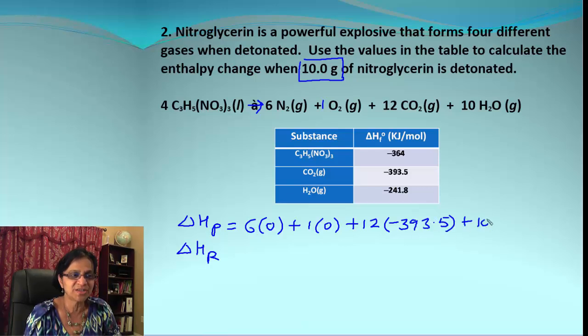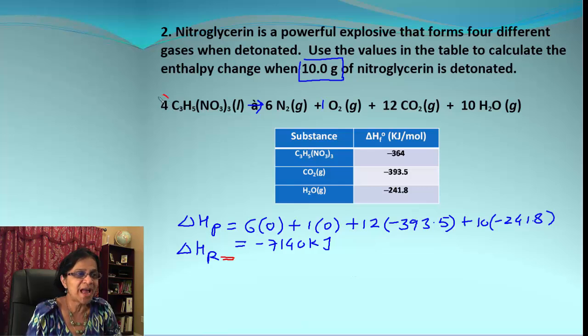And we get 10 moles of water molecules, which is negative 241.8. When we multiply all of that, the answer which we get is negative 7140 kilojoules. Let's repeat the same process for reactants.